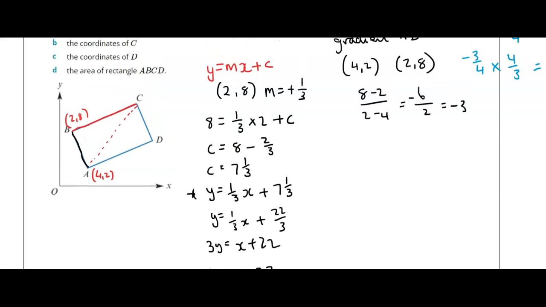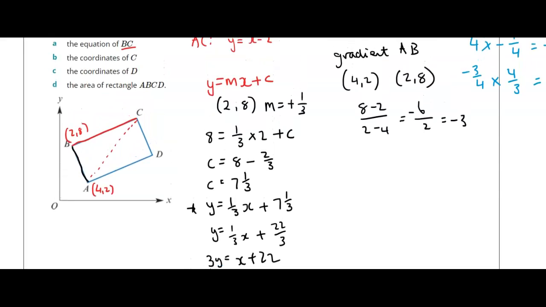All right, so we've only done part A, the coordinates of C. To work out the coordinates of C, we've got two equations. We now know the equation of BC, and the coordinates of C are just going to be the intersection with the equation for AC.